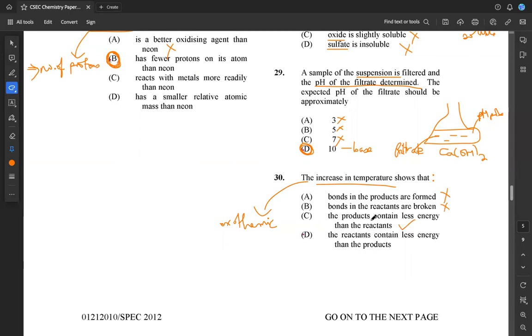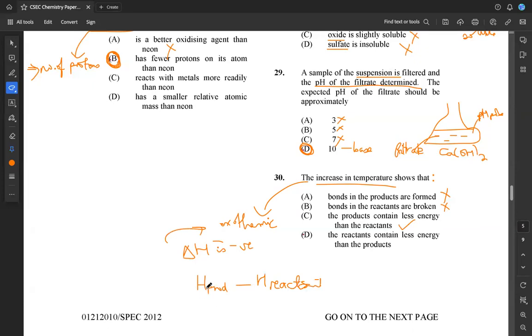Because remember, for an exothermic reaction, delta H is negative, because delta H is H of your products minus H of your reactants. So in order for delta H to be negative, which is the case for an exothermic reaction, that means that your products actually have less energy than your reactants.